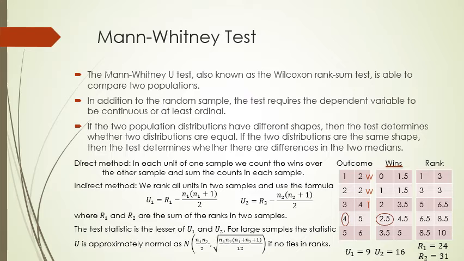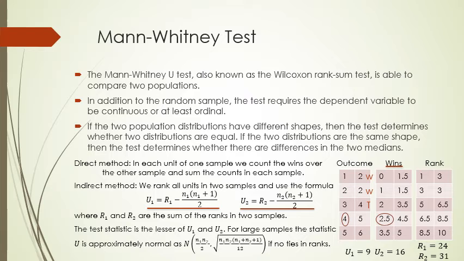The second method is the indirect method for large samples. In this method, we rank all units in both samples and use the formula to calculate the statistic U. Here, R1 and R2 are the sum of the ranks in two samples.